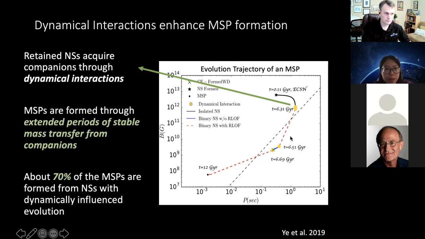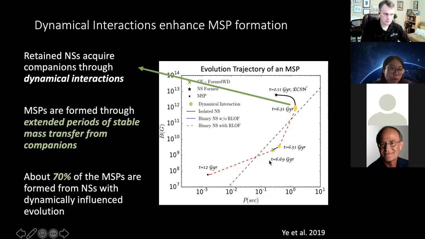And in this process, this neutron star actually briefly went under this black dashed line, which is called the pulsar death line. Below this line, a pulsar is considered unobservable. But then at a later time, this neutron star binary has dynamical interactions again, different ones. And these dynamical interactions bring the neutron star a new companion star.